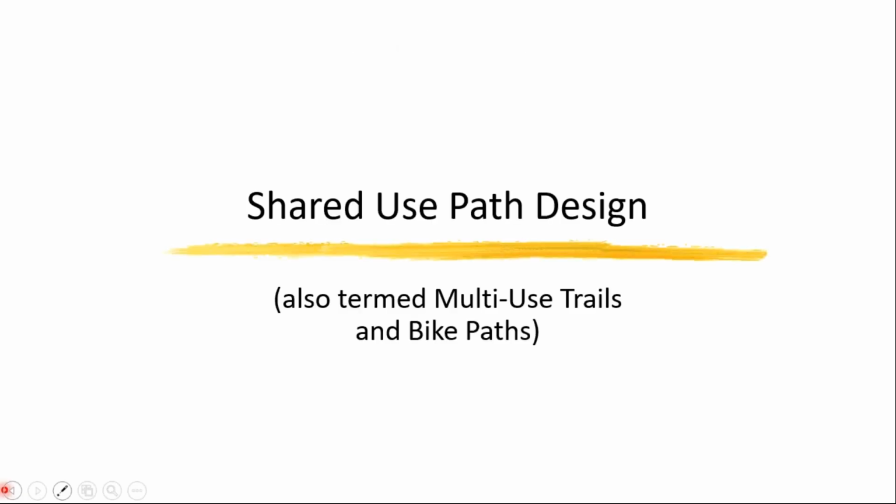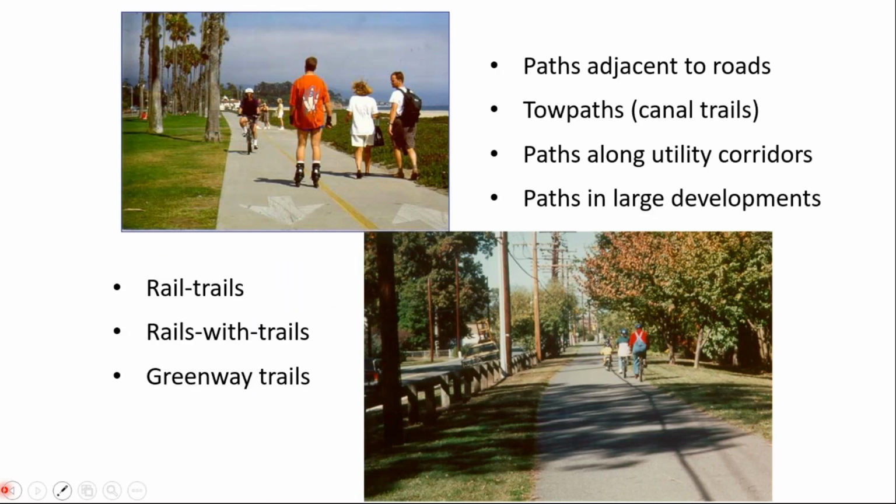So that brings us to shared use path design, or multi-use trails, or bike paths, but these are the independent facilities that are separated from the road or the street, typically. There's a variety of different types. There's rail trails, there's rails with trails, meaning trails adjacent to an active rail line.